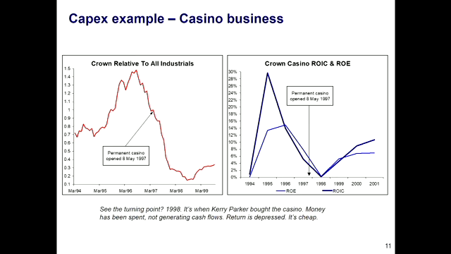This graph shows the relative return of Crown, a casino company, relative to the market index. For that good run-up, they were operating on actually temporary gambling premises.